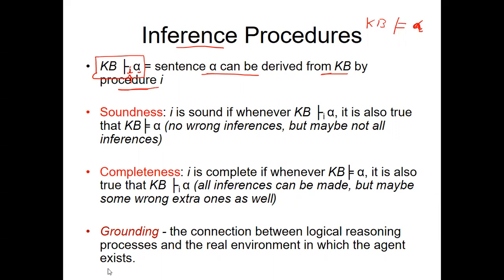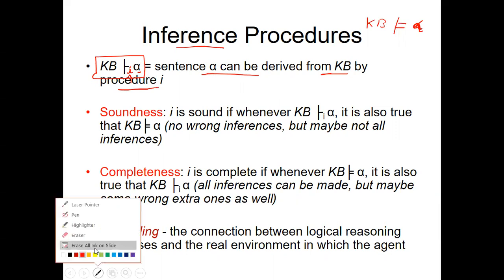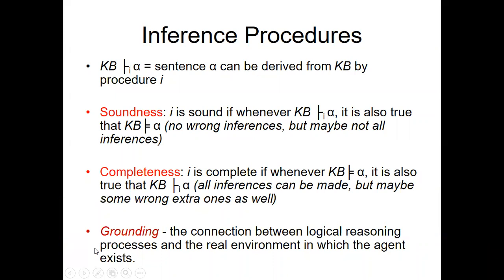Now we are going to discuss the properties of this inference algorithm. The efficiency of this inference procedure is measured by three parameters: one is soundness, the other one is completeness, and the other one is grounding.